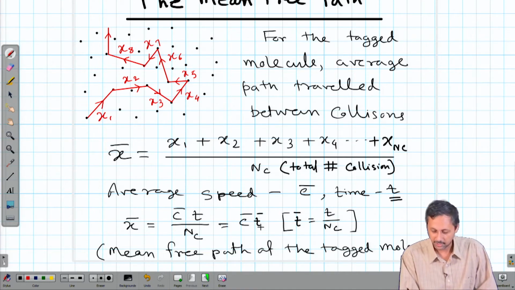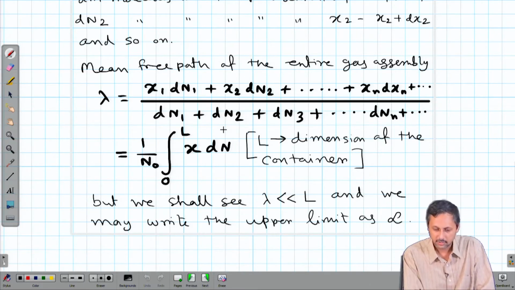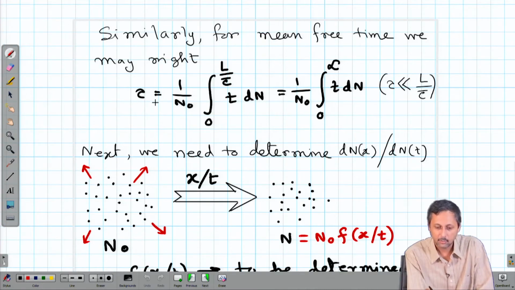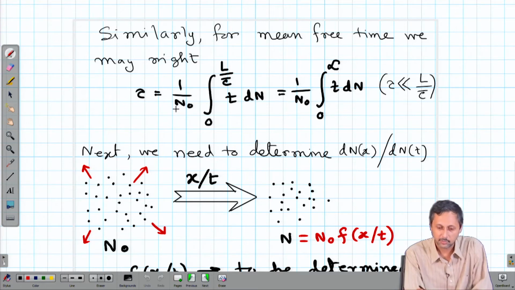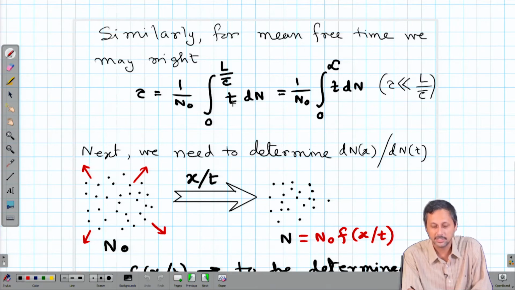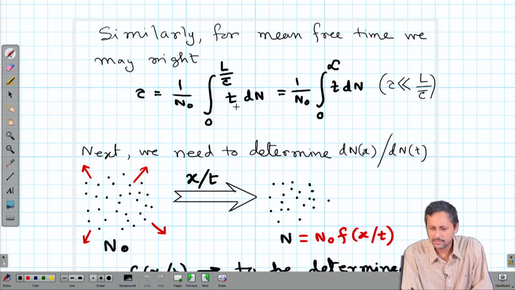So, this is T bar, and x bar for one molecule, T bar for one molecule, lambda for the assembly, similarly tau is for the assembly. So, tau will be averaging over all these T bars, which is nothing but 1 by n0 integration 0 to L by C bar, C bar being the average speed of the assembly, which we get from Maxwell's distribution anyway, of T dn.